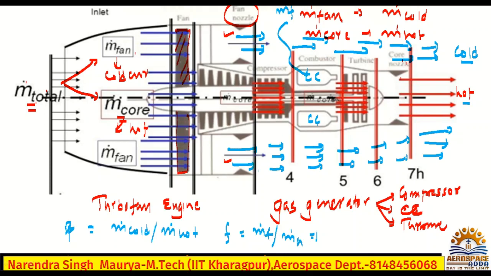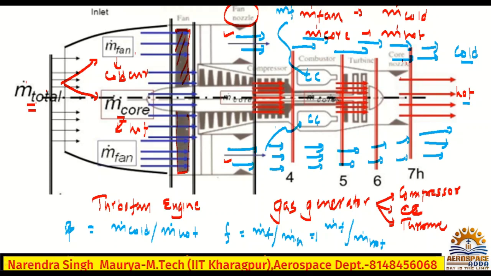And the air there will be hot air. So the fuel air ratio can be written as M dot F, mass of the fuel, divided by the mass of the air, and the mass flow rate of the air is nothing but the hot air, because the fuel is injected in the combustion chamber, and in the combustion chamber we have hot air. So this is the brief description of the turbofan engine.